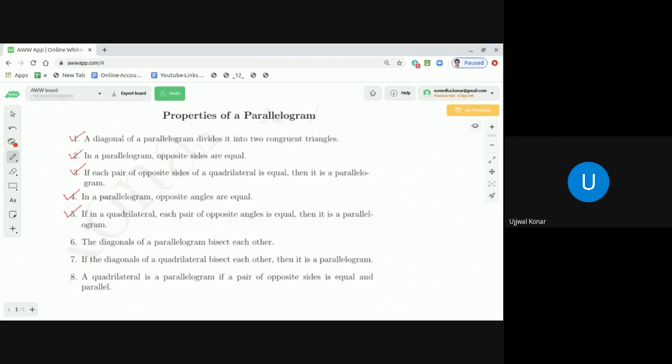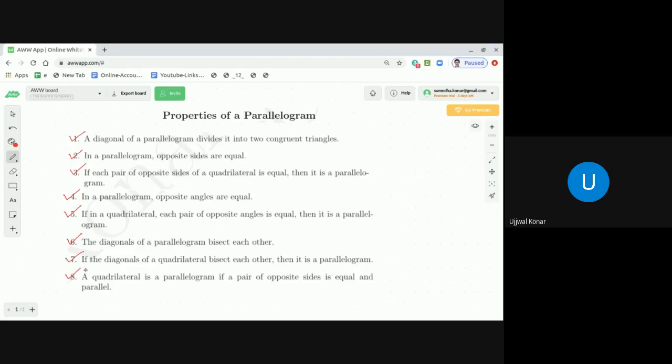The sixth property tells that the diagonals of a parallelogram bisect each other. The seventh property tells that if the diagonals of a quadrilateral bisect each other, then it is a parallelogram. And the eighth property tells that a quadrilateral is a parallelogram if a pair of opposite sides is equal and parallel.